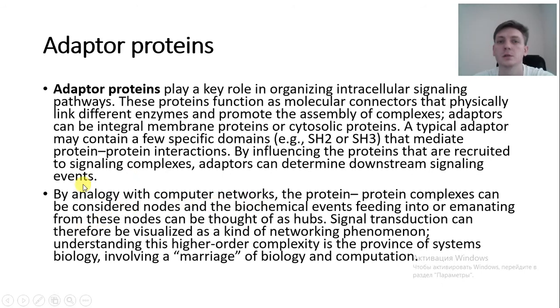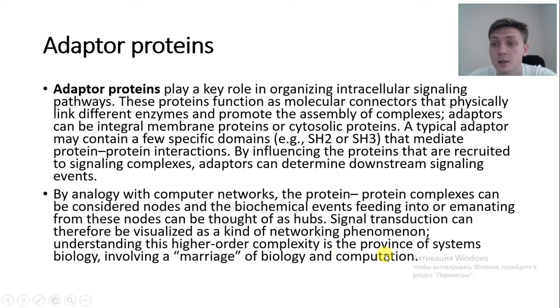Here, an analogy is given with computer networks. I'm not good in computer network science, but by this analogy, the protein-protein complexes can be considered nodes, and the biochemical events feeding into or emanating from these nodes can be thought of as hubs. Signal transduction can therefore be visualized as a kind of networking phenomenon. Understanding this high-order complexity is the province of systems biology, involving a marriage of biology and computation.